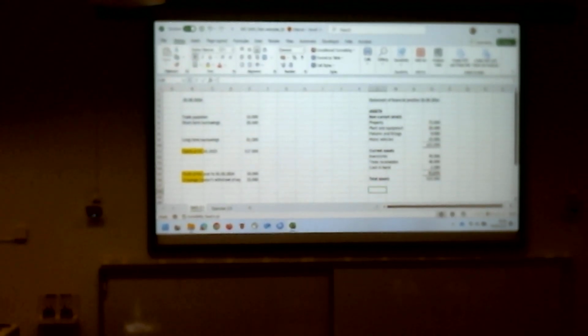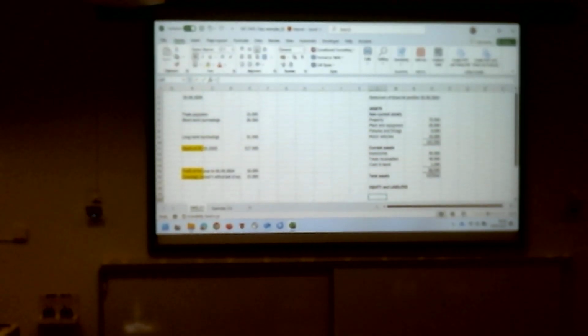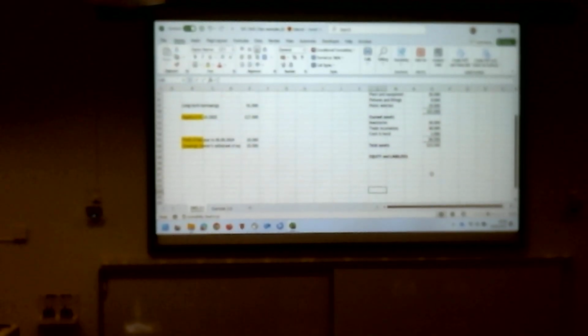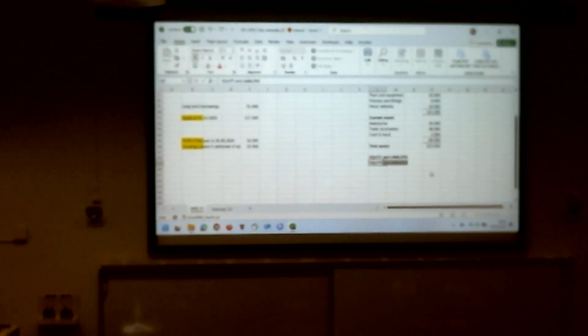Okay, then next block. Equity and liabilities. So we use the standard form. So what's the first item here? Equity. Okay, I leave this open for now.